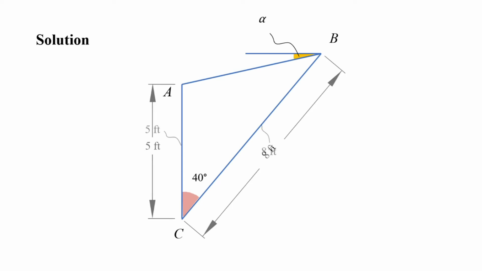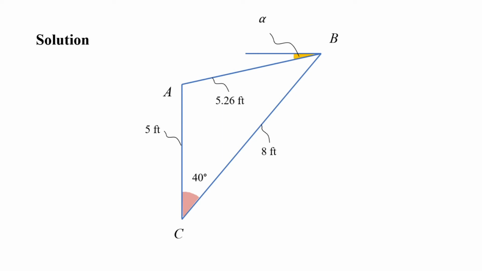Now we computed side AB, 5.26 feet. So we have all sides and we have one angle opposite to one of them, so we can use sine law, right?